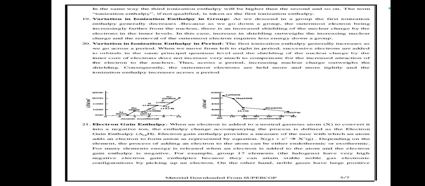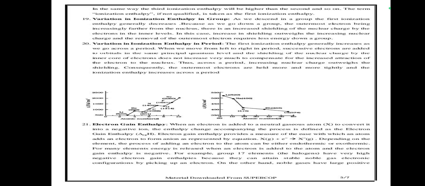Variation in ionization enthalpy in a period. The first ionization enthalpy generally increases as we go across a period. When we move from left to right in a period, successive electrons are added in orbitals in the same principal quantum level, and the shielding of the nuclear charge by the inner core of electrons does not increase very much to compensate for the increased attraction of the electrons to the nucleus.